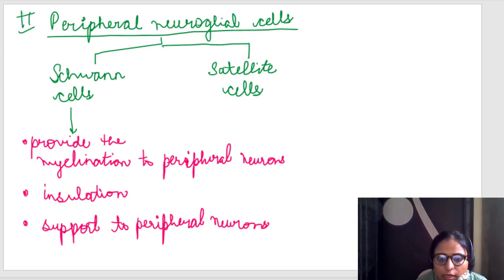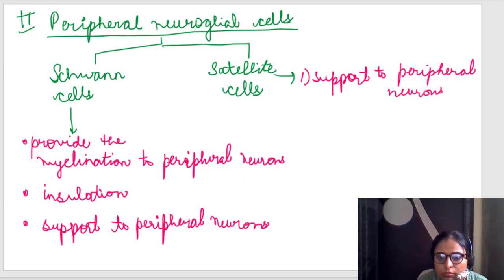Likewise, if we talk about the satellite cells, they provide support to the peripheral neurons, and they also regulate or maintain the ECF environment in the peripheral nervous system.